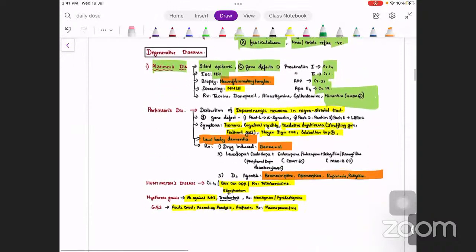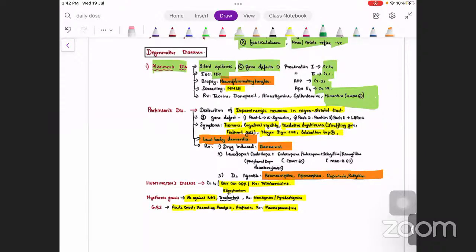Alzheimer's disease, the silent epidemic, neurofibrillary tangles. Investigation of choice is MRI, screening is MMSE. The NMDA receptor blocker used for the treatment of Alzheimer's is memantine. Parkinson's: destruction of dopaminergic neurons in the nigrostriatal tract, and 3 gene defects, PARK1, PARK2, PARK8. PARK8 is the LRRK2 gene defect.